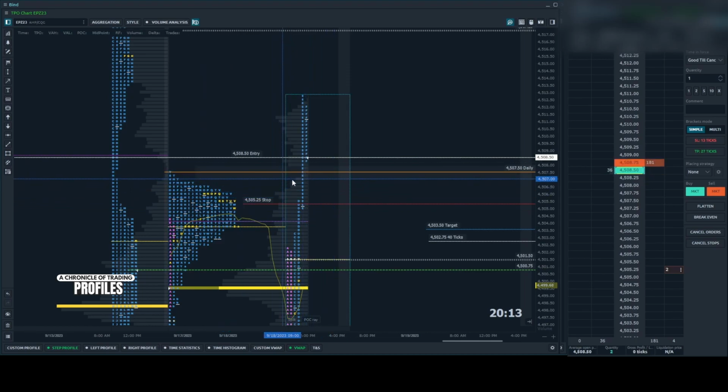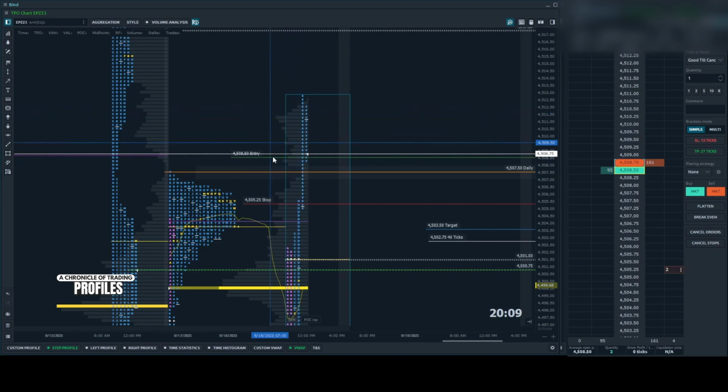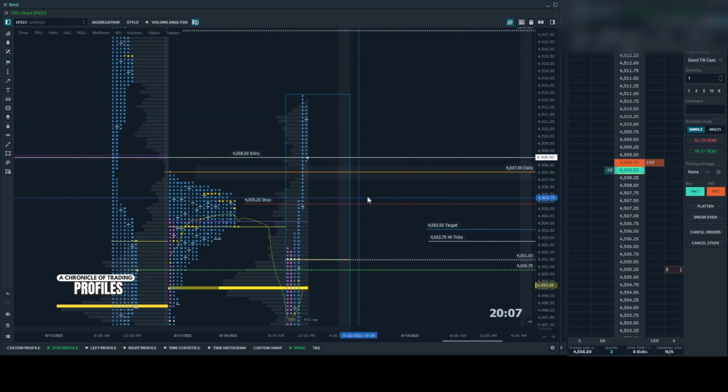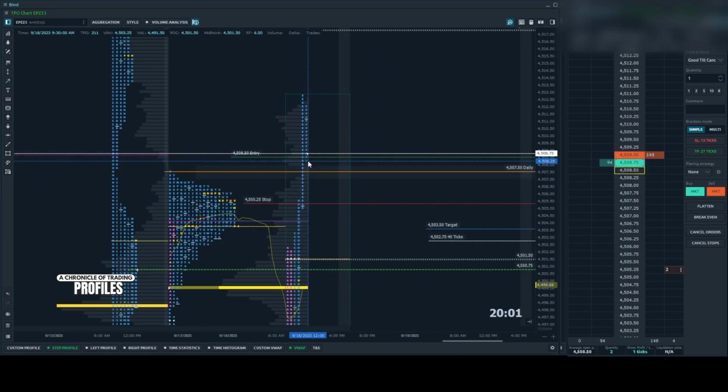So we want to stay out of this node. We want to stay up here. This may come down and touch this area. We want to see it reject out of there.